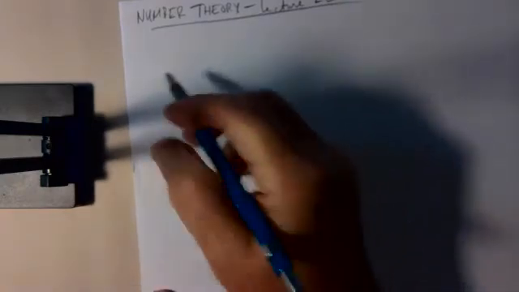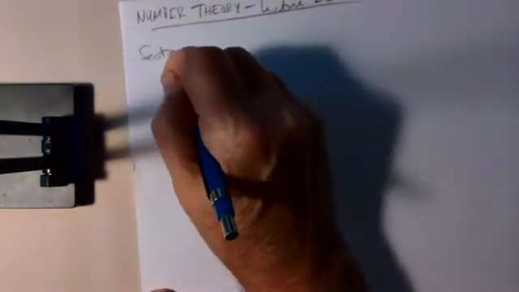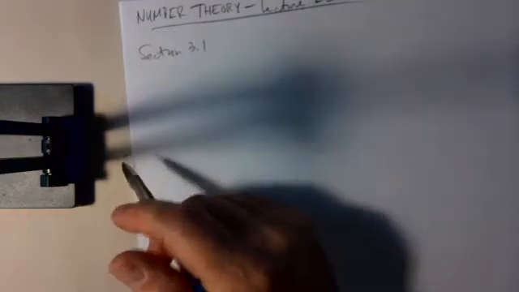So these are problems from section 3.1. And question 11 says, prove that if M has one primitive root, then there are exactly phi of phi of M primitive roots.